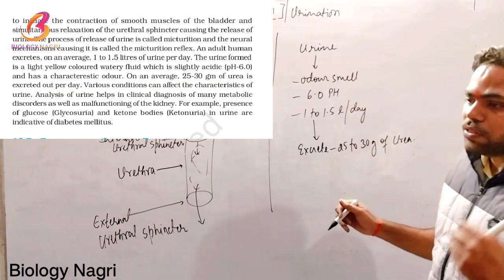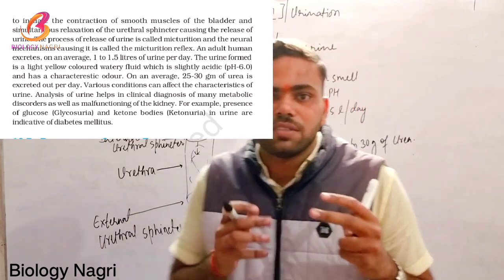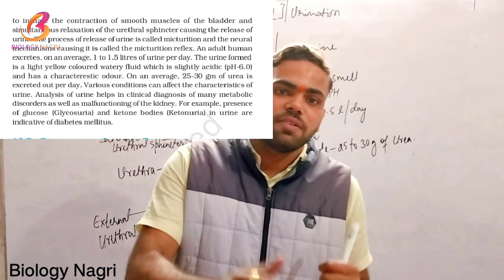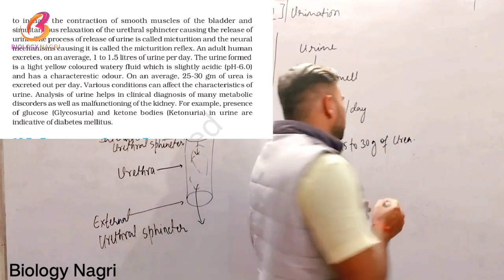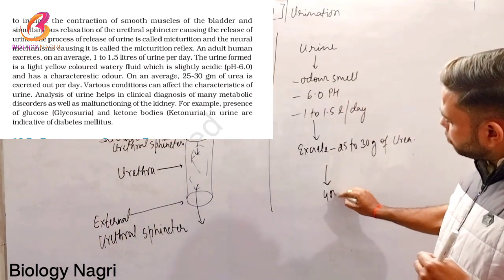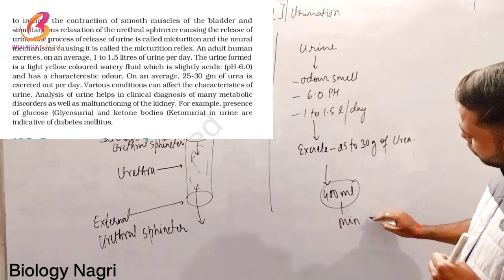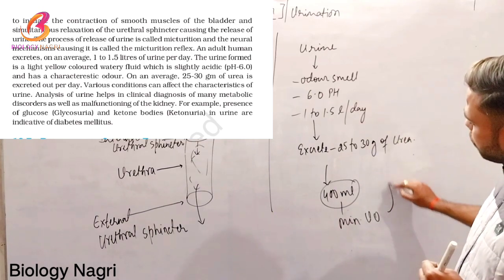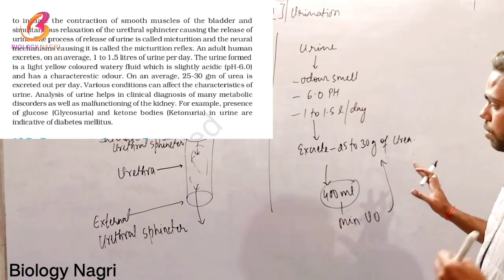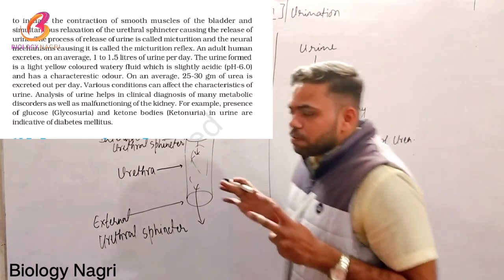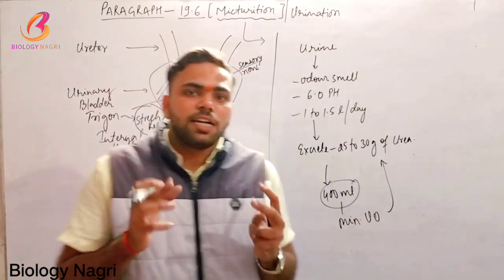You know that the minimum amount of urine necessary for the removal of 25 to 30 grams of urea is 400 ml. Basically, this was paragraph 19.6.